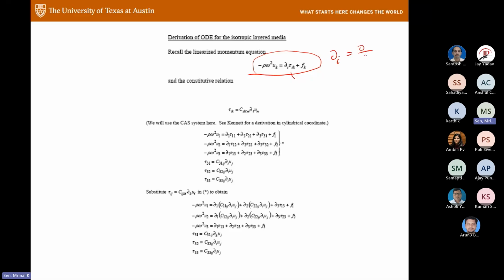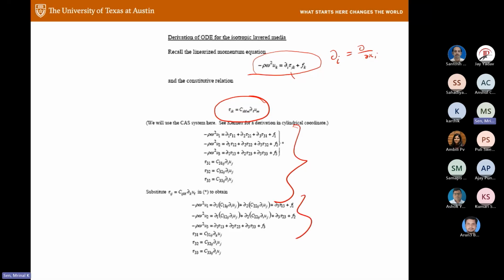And there is a sum over repeated indices, so the k is what is basically left over. And then your constitutive relation is given by this. So what we do here is expand these notations, and what we get is a system that looks like this.